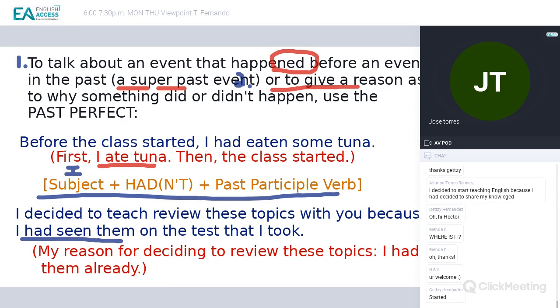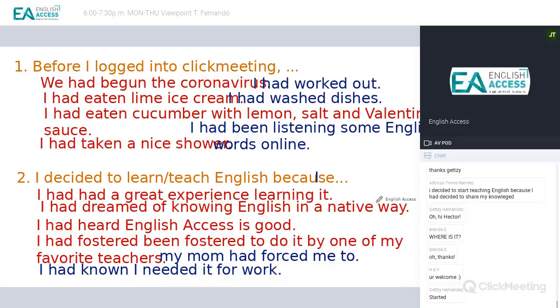Can you see this on the screen? Yeah, let me check. Yes. Okay, so look, this is the structure, Torres. The subject, had, and then the past participle. So right here I have I. I decided to learn English because I... and what goes after the subject? Verb past participle.